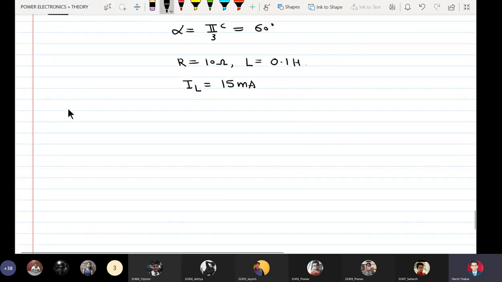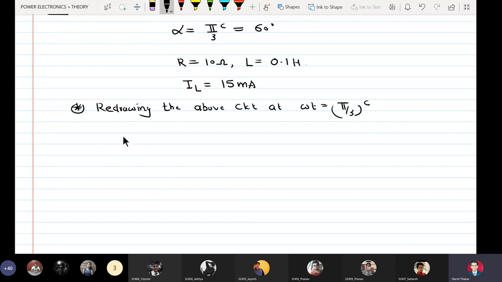As we told last time, redrawing the above circuit at omega t equal to pi by 3 radians and assuming SCR as short circuit for t equal to the pulse duration.